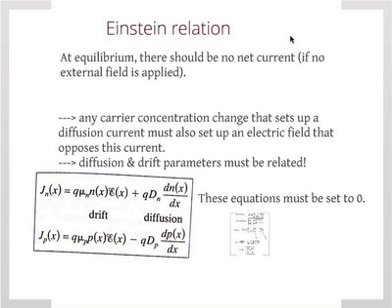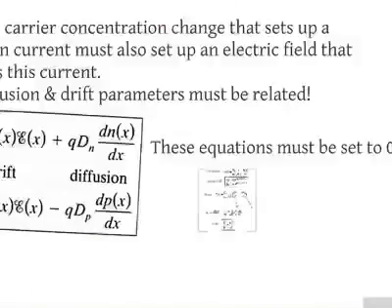So q p mu p E should be equal to q D p dp over dx. Right? That's how we did it. That leaves just 1 over p. Pretty easy. That's what's here.